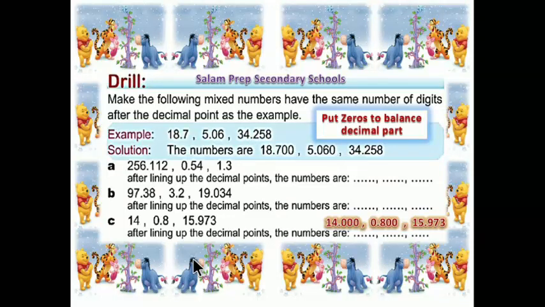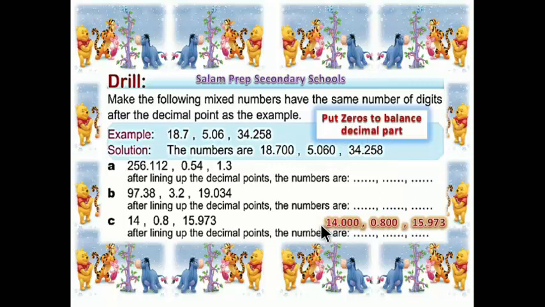Now we will solve another one together. 14, 0.8, 15.973. We need to put zeros to balance the decimal part.